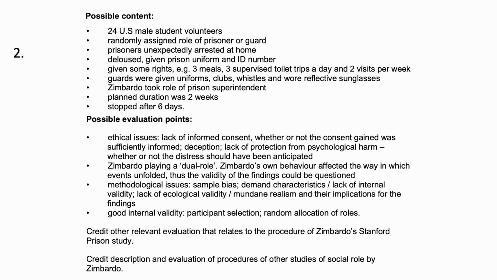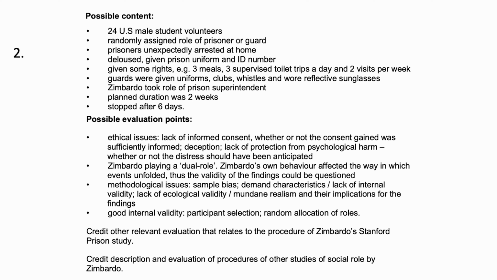Evaluation points, you could talk about ethical issues, such as lack of informed consent, whether or not the consent gained was sufficiently informed, deception, lack of protection from psychological harm, because obviously the prisoners experienced huge amounts of distress, should that have been anticipated. Zimbardo playing a dual role, his behaviour affected the way in which events unfolded.